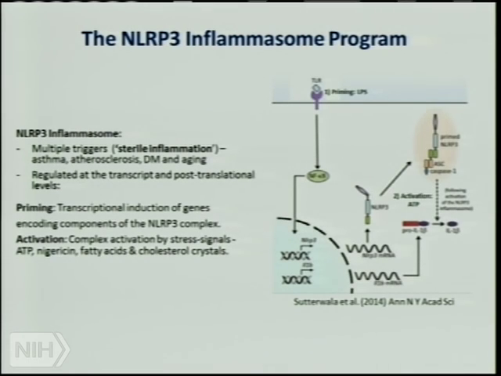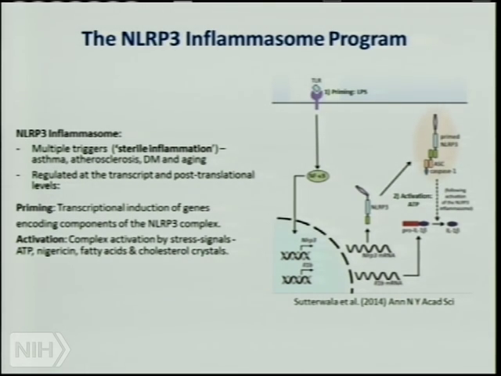The NLRP3 inflammasome is, I guess, most recognized as a component of sterile inflammation, which occurs with diseases like atherosclerosis, diabetes, asthma, and interestingly, with aging, we get increased sterile inflammation. It's regulated at numerous levels, both at the transcript level and post-translationally.